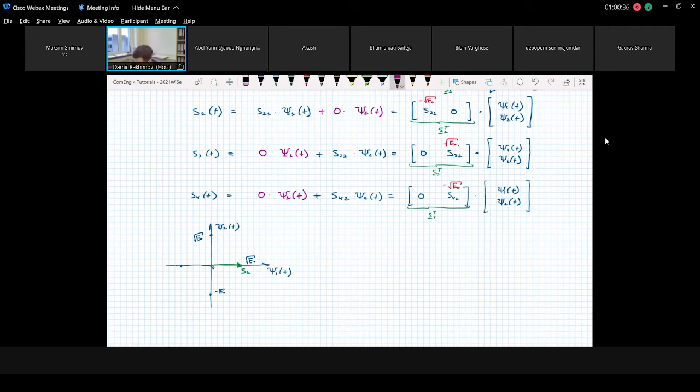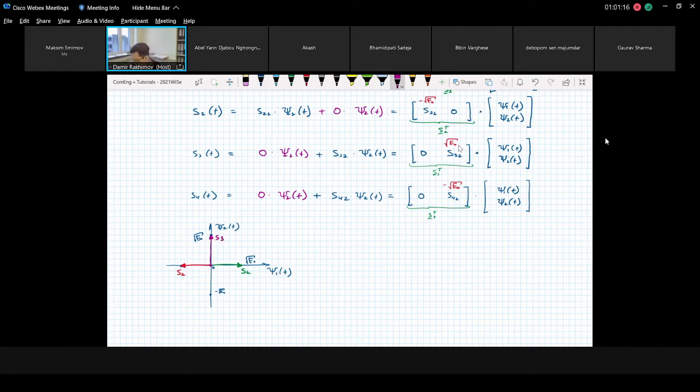If we go to second signal, S2, we have minus square root of E0 and 0. So again, we start at origin and we go to the point minus square root of E0 and 0. This is our second point, S2. The third signal has coordinates 0 and square root of E0, so we start at origin and go to point 0 and square root of E0.